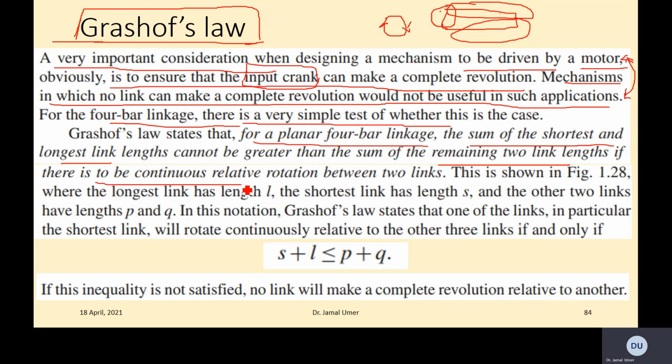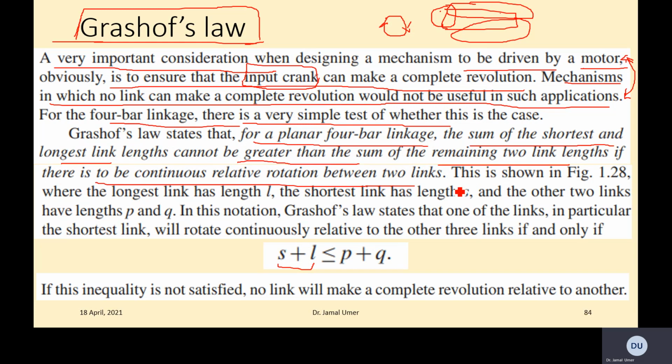If there is to be continuous relative motion between two links, the sum of the shortest and longest link lengths cannot be greater than the sum of the remaining two. So the small and lengthy links added together must not be greater than the sum of the other two.